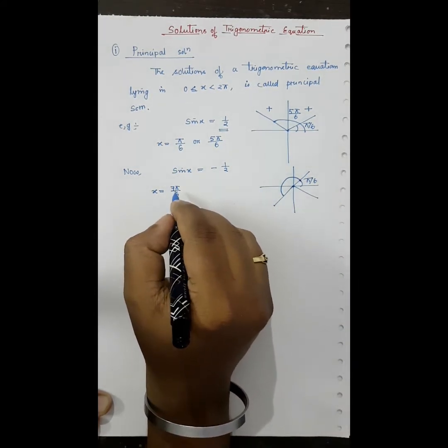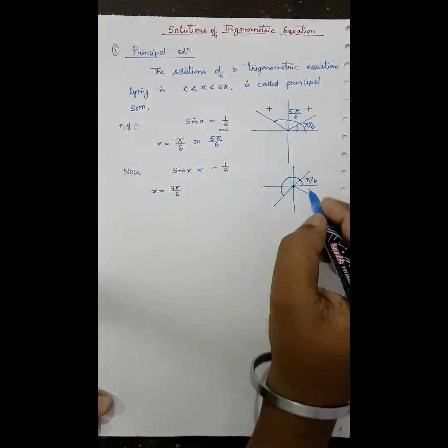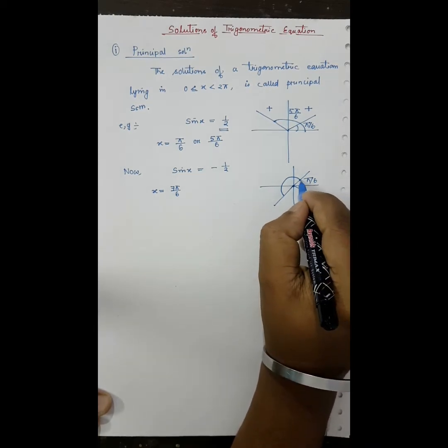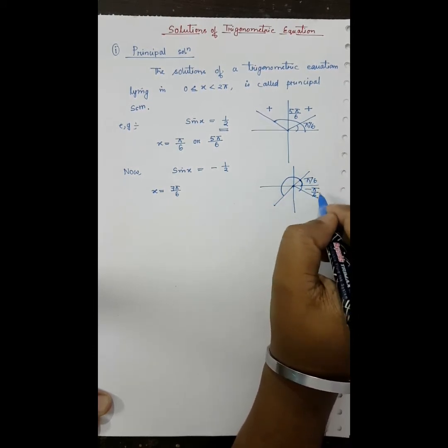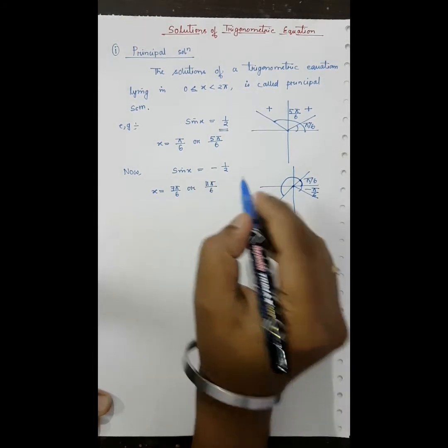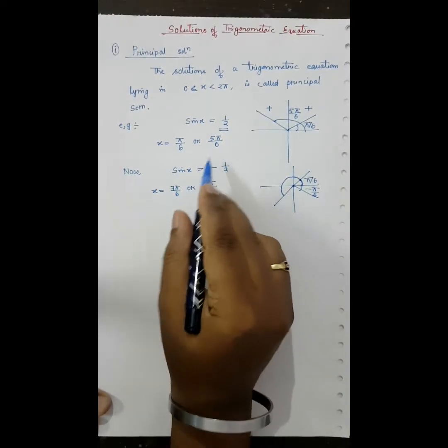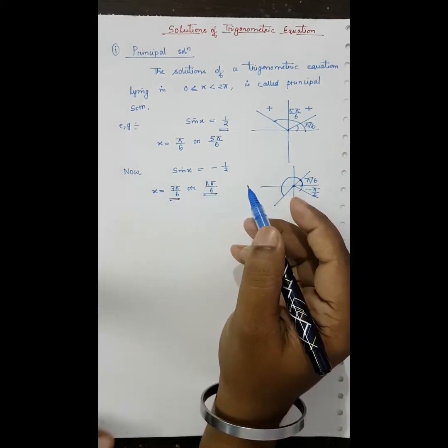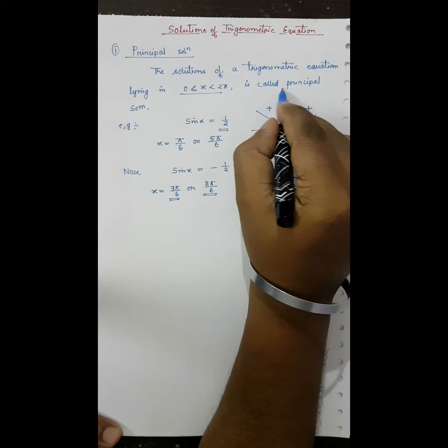When the angle x is equal to 7 pi by 6, the value of sin x is negative. And similarly, in fourth quadrant the value of sin x is negative. So this is your pi by 6, this is your minus pi by 6. So from twice pi, if I subtract pi by 6, I will get 11 pi by 6. So sin x is equal to minus half at 7 pi by 6 and 11 pi by 6. So if the solutions of any trigonometric equation lie in the interval 0 to twice pi, it is called principal solution.